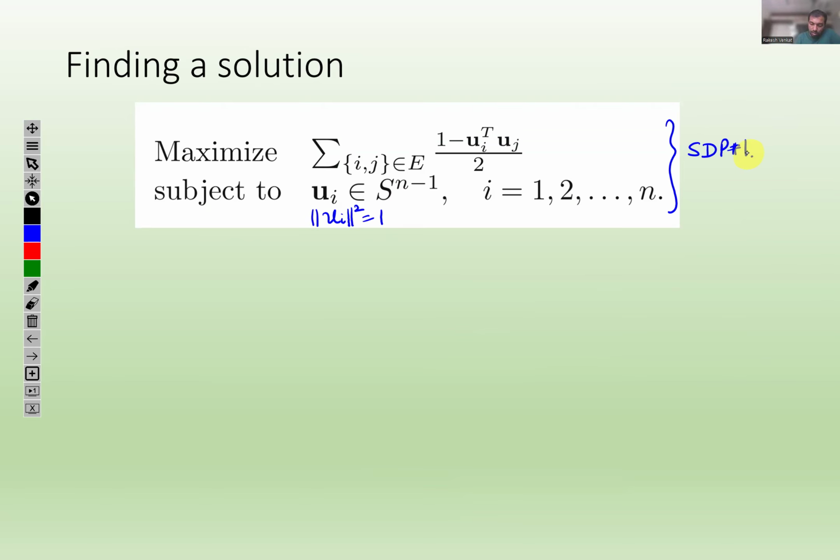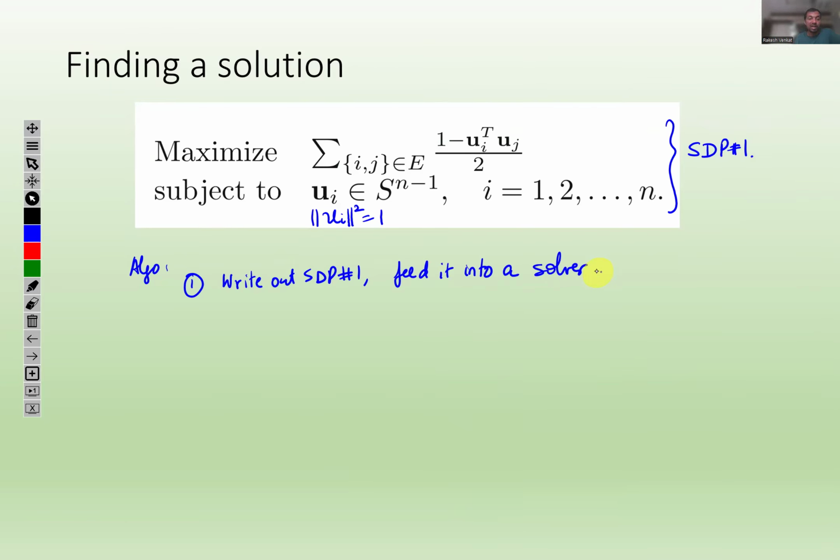Okay. So the algorithm is the following. Once you get an input graph G, write the above relaxation and feed it into a solver. So what does the solver spit out?